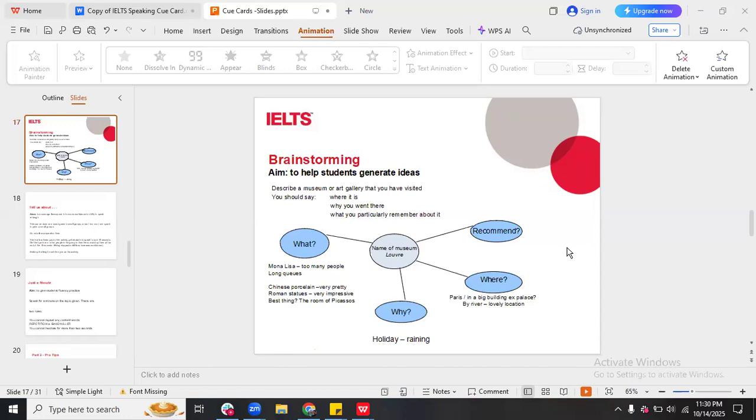Okay, so if I was given this cue card, I would answer where it is. When I make my notes, I will write: national art gallery. Where is it? It is the National Art Gallery situated at a famous street.